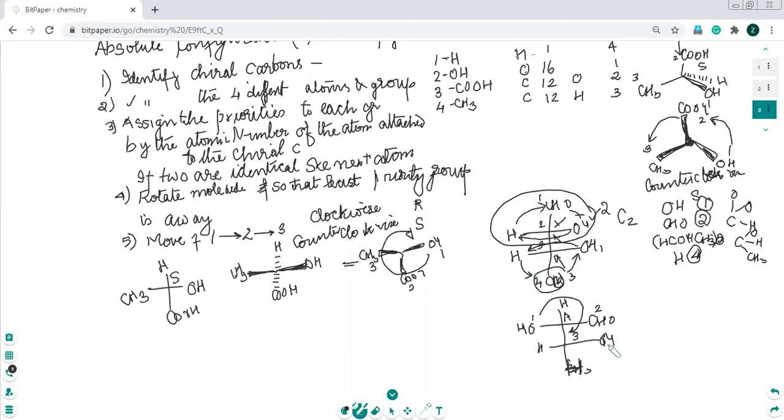CH3 goes here. And OH comes here. Now H is behind. So this is number 1, this whole group is number 2, and this is number 3. So 1 to 2 to 3 is R. Okay. So this one is the R,R configuration.